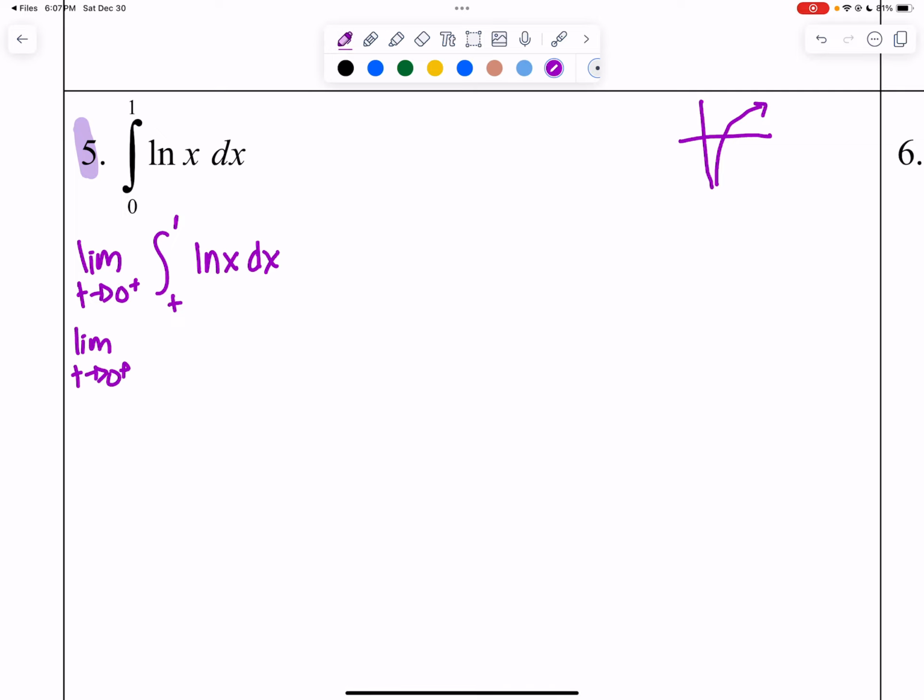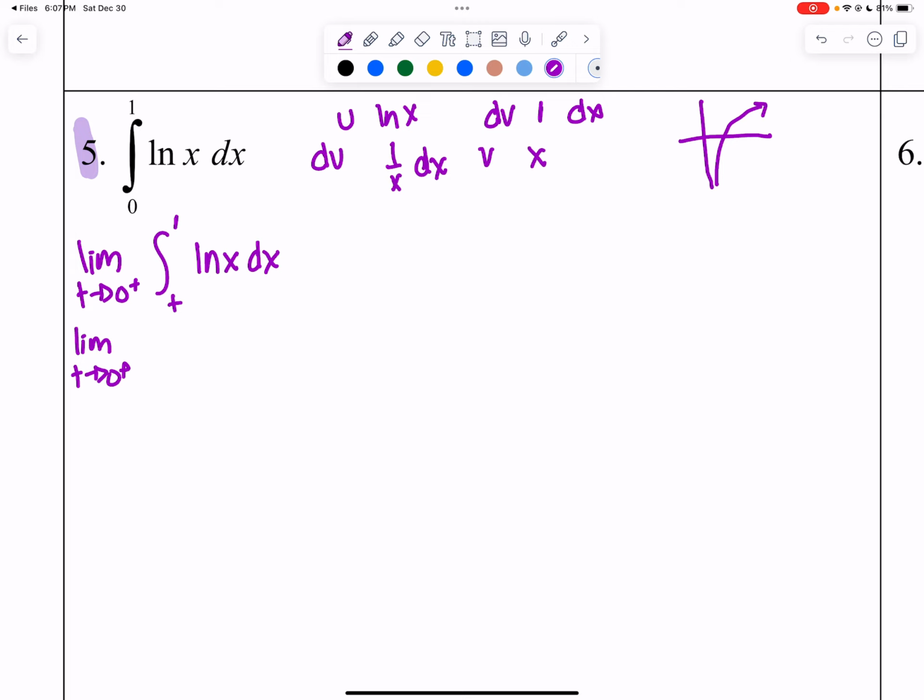Limit as t approaches 0 from the right. And then remember that we have to use integration by parts. By now, I feel like we've done a lot of problems in terms of ln of x, that you should know what the integral of ln of x is by now. I don't, so I am just going to use good old by parts and call it a day and see where that takes me.